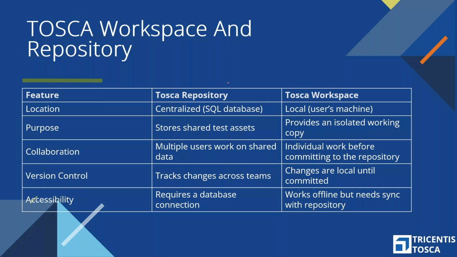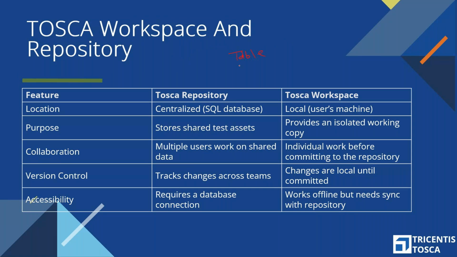One more thing: there are multiple components. Once you create the project on the server, that project you need to deploy into the database. Once you create the database, you need to execute a few queries. By default, Tosca provides those queries so that the supported tables get created automatically in the database.